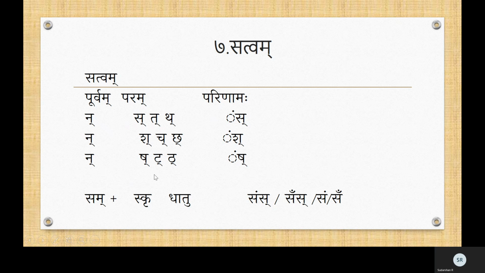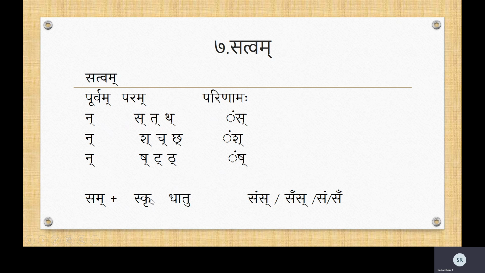Now, when you have the sum, and this is the second scenario. No, this is the general sattva sandhi scenario. The other one is where you have sum, specifically the entire purva pada is sum, and then you have any of the kridantas or a namapada which has been derived from the skru dhatu.